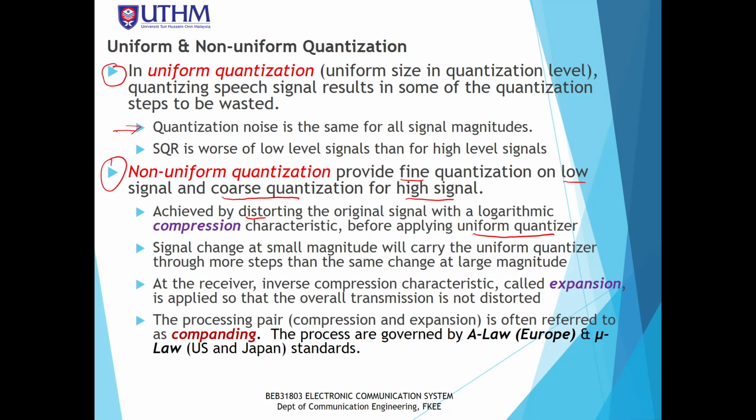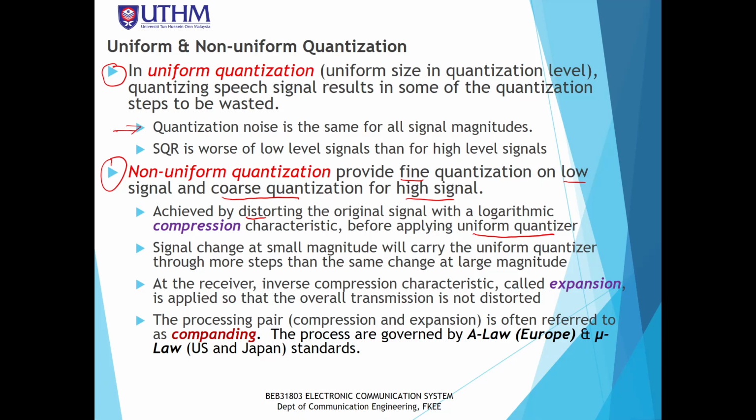In the digital, we have compression and expansion. So a signal with a small amplitude value will become bigger, and a high amplitude signal will become smaller. Then we can pass it through the uniform quantizer. That means we are modifying the input signal first, then we put it in the quantizer.